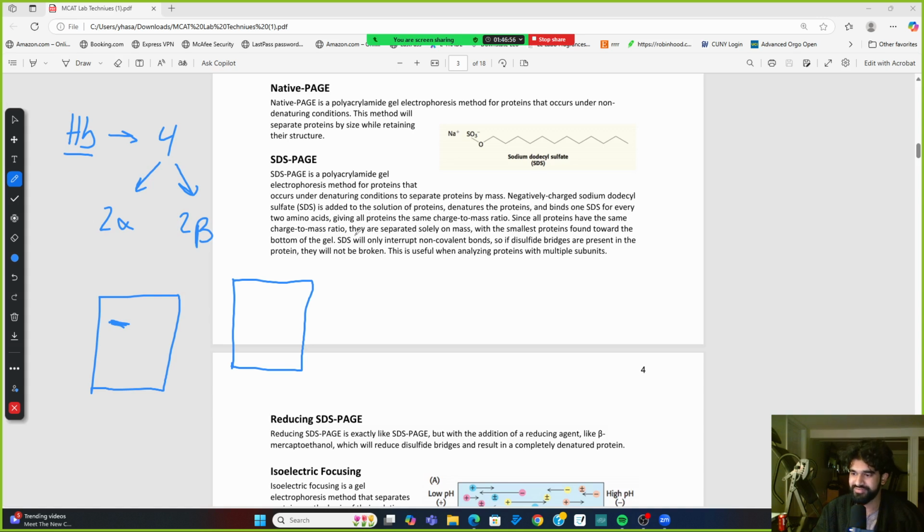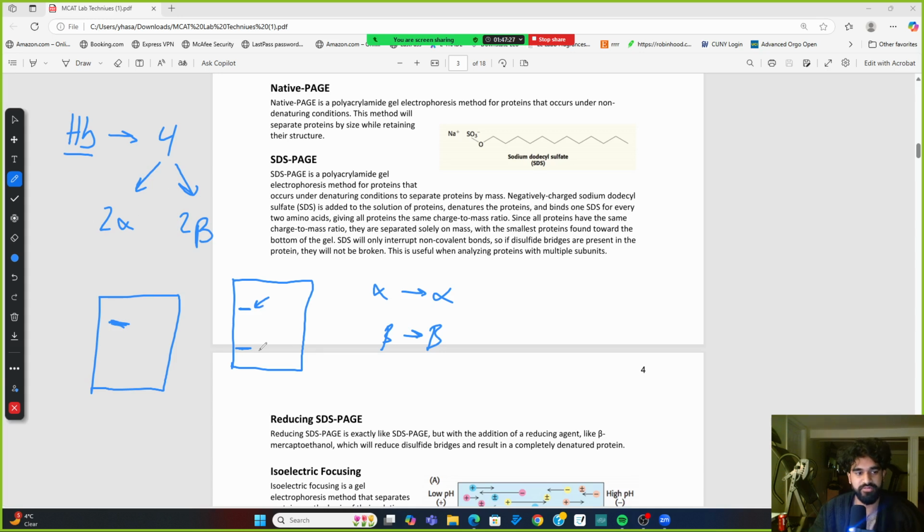2. Why not 4? You fell for the trick. Why not 4? Because the alpha is the same weight as the other alpha, and the beta is the same weight as the other beta. So let's say, and I'm not saying this is true, let's say that the alpha is larger, right? The alpha is going to be here, and the beta is going to be here. But since these are the same weight, you're going to see them stacked on top of one another.